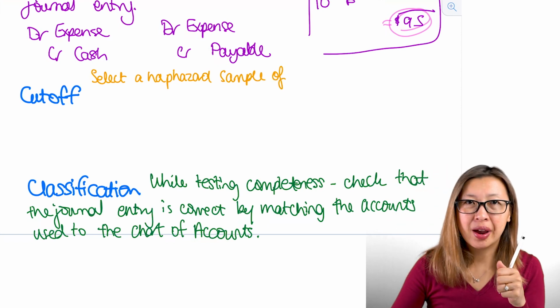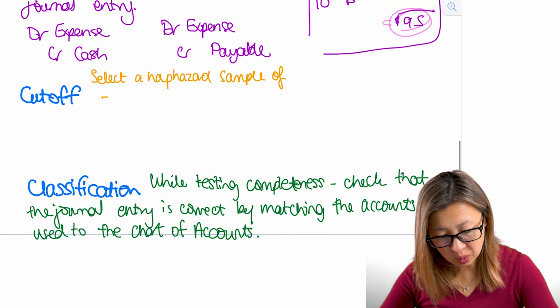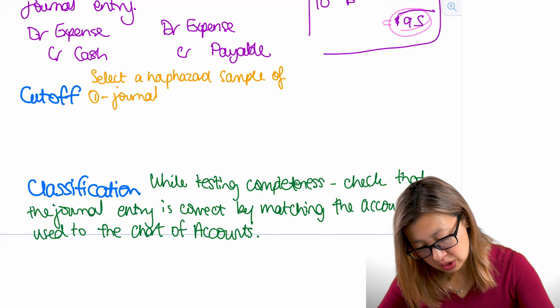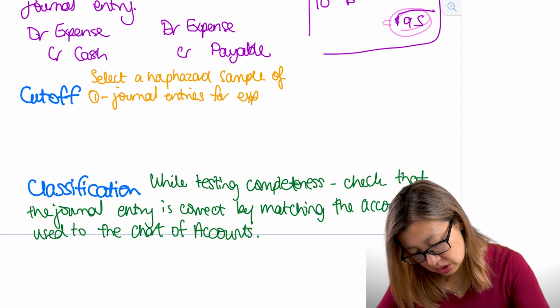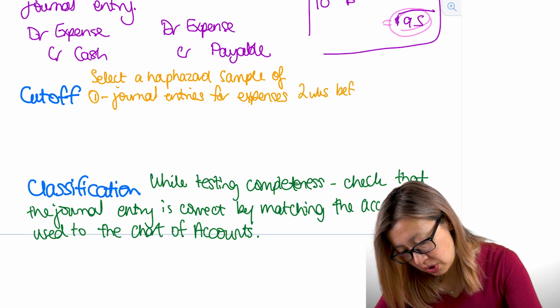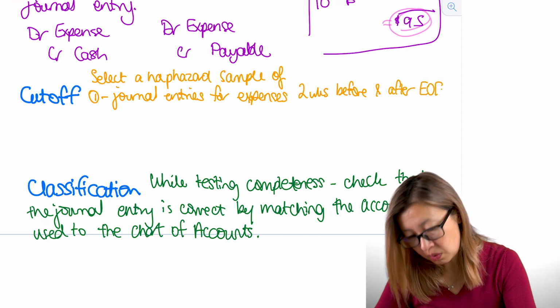Now, this is where you can do two different things. So I'm going to go option 1 here. Journal entries for expenses 2 weeks before and after the end of the financial year.